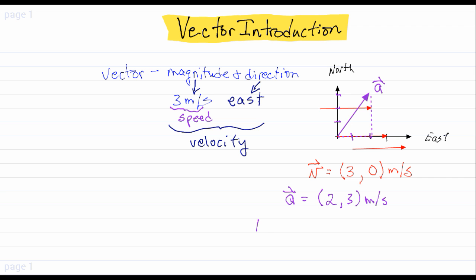You'll either see the vector written with absolute value signs around it, or just the vector without the arrow on top. And using Pythagoras' theorem, it's 2 squared plus 3 squared, which is the square root of 13. And we'll get meters per second. And you can go ahead and compute that square root. It's like 3 point something or other.